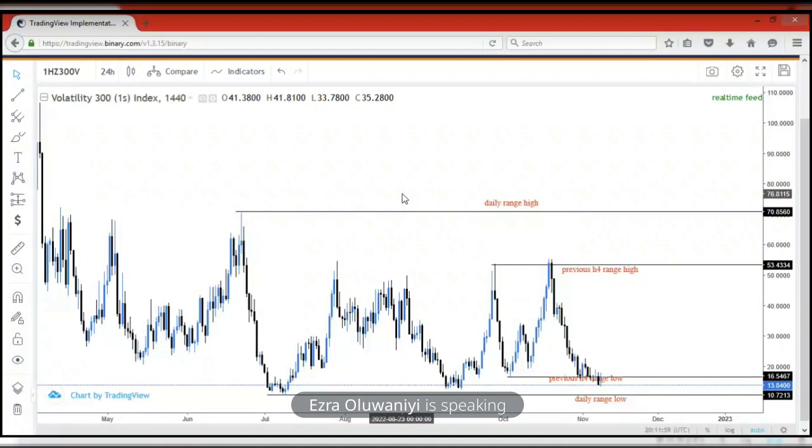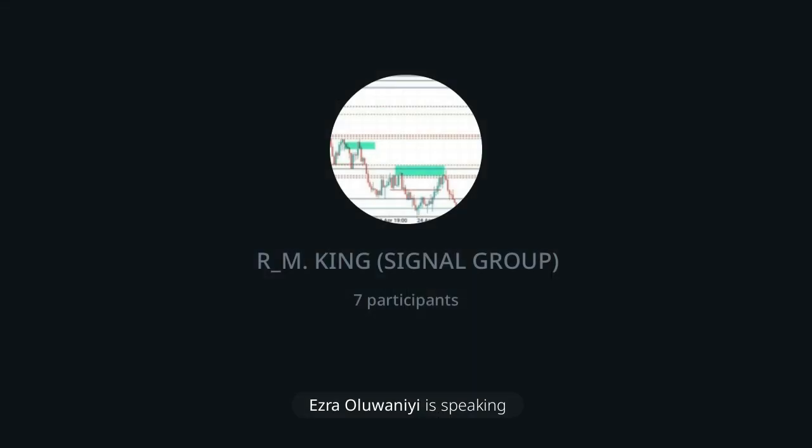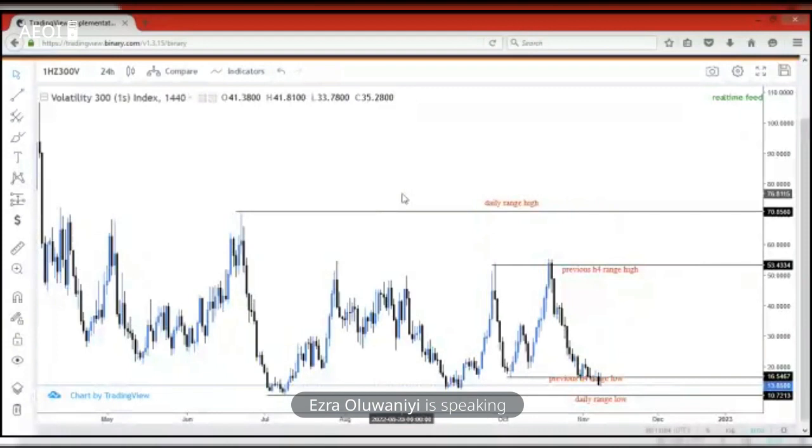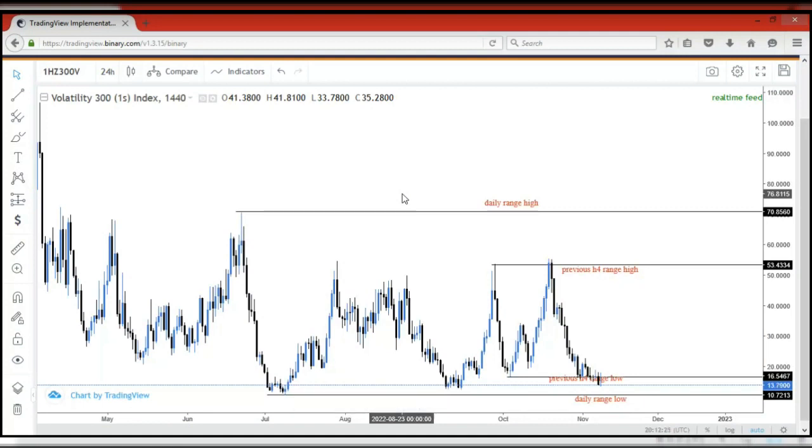I'll still check it. But let me first talk about this VIX 300X because I've been seeing a lot of people trying to buy the asset currently where it is. It might not be wrong, but currently I would not be thinking of buying the asset yet for certain reasons.